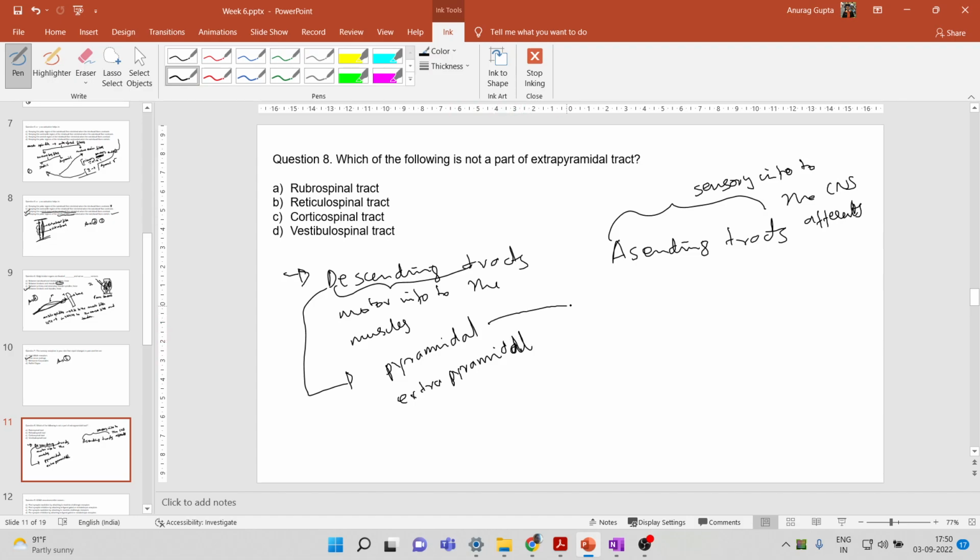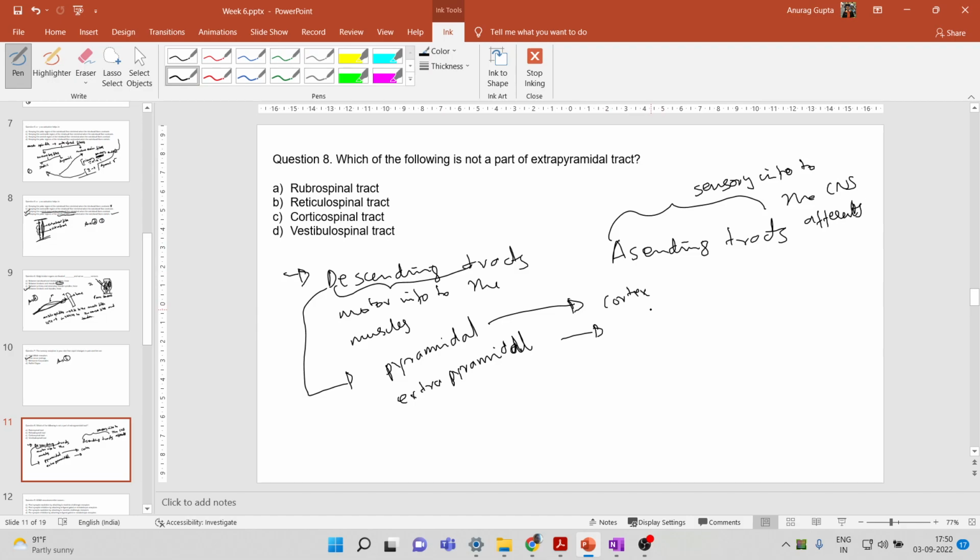The neurons that belong to the pyramidal tracts originate from the cortex. Whatever originates from the cortex in the descending pathway comes under the pyramidal tracts, and everything else comes under the extrapyramidal tracts.